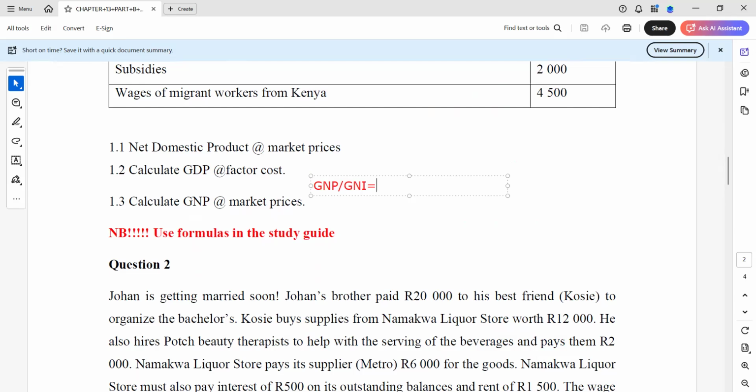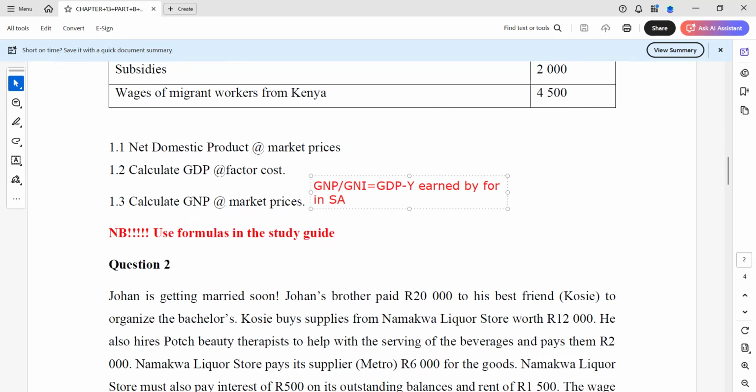So we say GDP minus the income which is earned, I'm going to use Y for income, which is earned by foreigners in SA. So we subtract that income, right?